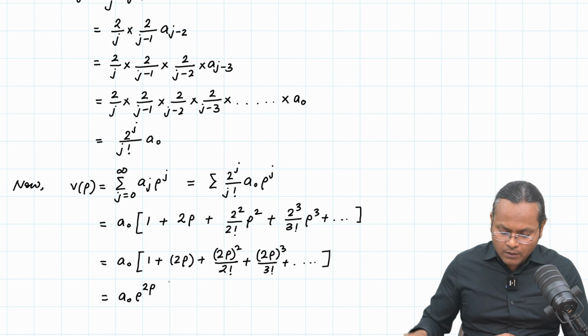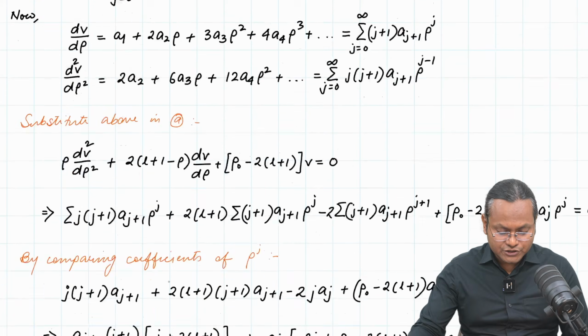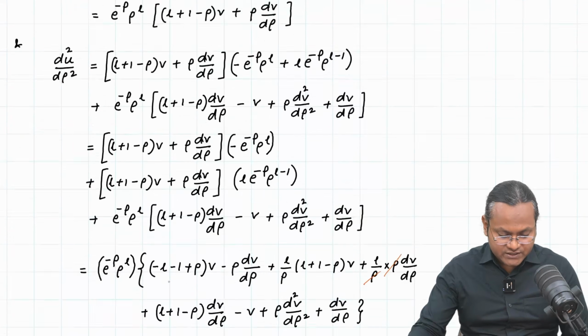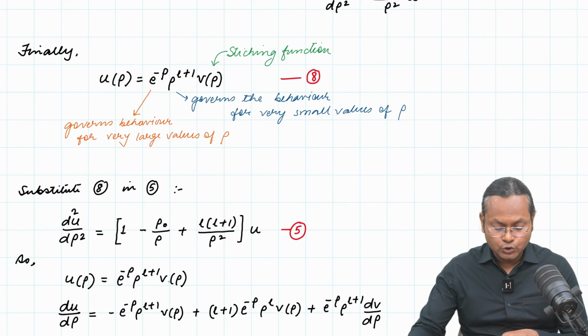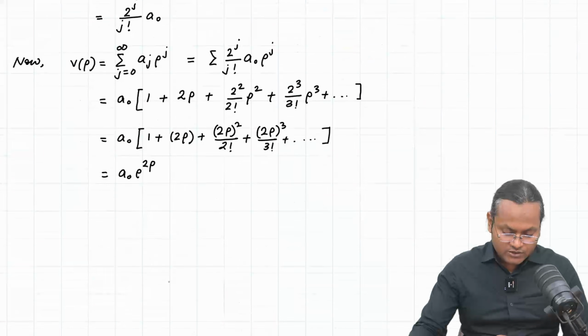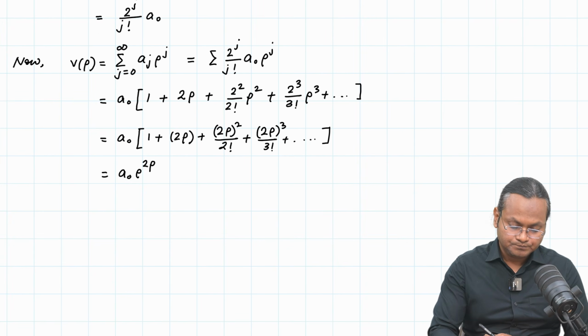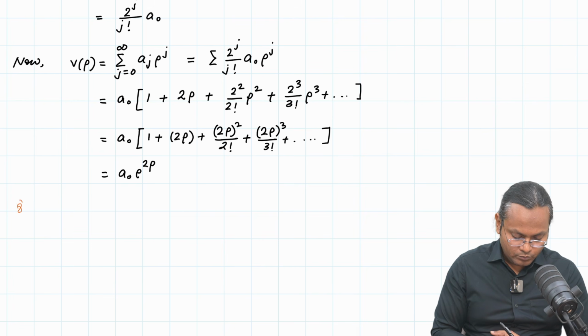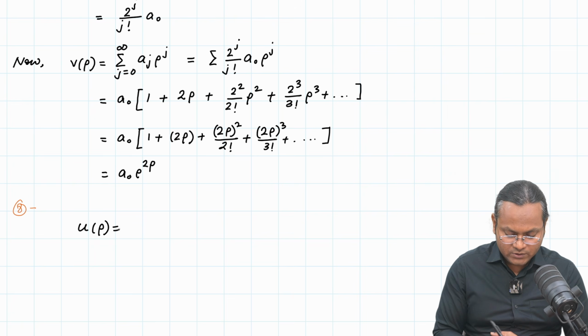Now, what if I plug this back into our original solution that we wrote in terms of u? Equation number 8: u equals e to the power minus rho, rho to the power l plus 1, and v. Equation 8 then gives us u equals e to the power minus rho, rho to the power l plus 1, e to the power 2 rho.